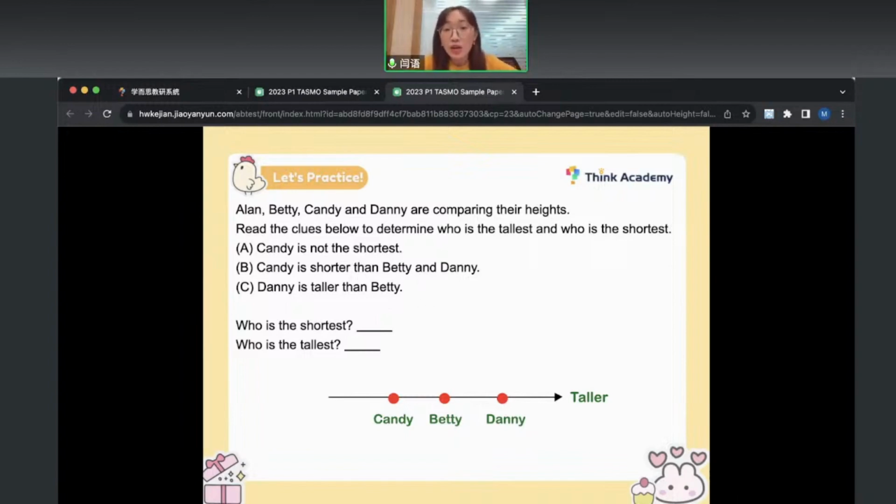But now you see that according to our magic arrow, Candy is the shortest. How? Because Alan is shorter than Candy. Okay, so now you see that according to the question, we can find that who is the shortest? That is Alan. And who is the tallest? It is Danny. Understand?